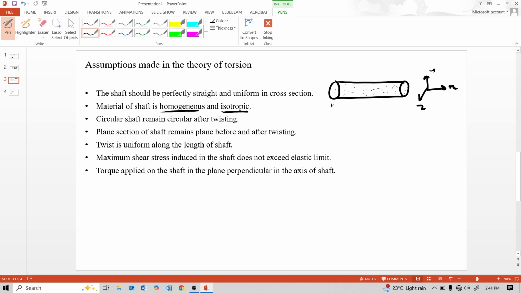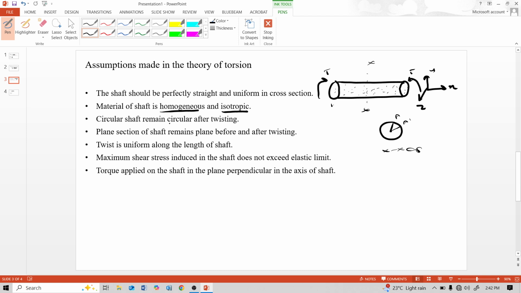Third point is the circular shaft remains circular after twisting. After twisting, this shaft changes from point A to A dash, but it remains circular.